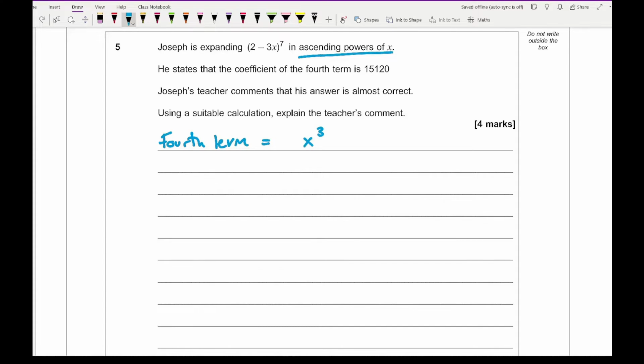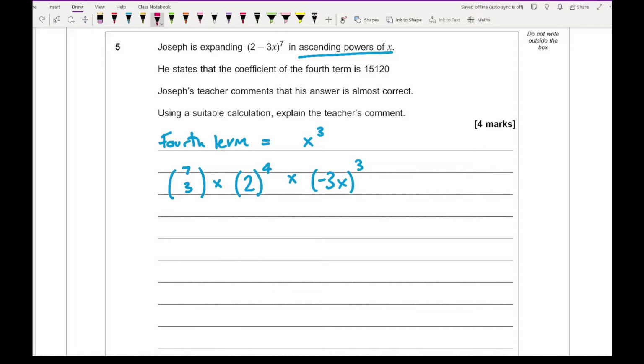So then using the quick way of doing this, we've got our general power of 7, looking for x cubed, multiplied by 2 to the power of 4 times minus 3x to the power of 3.